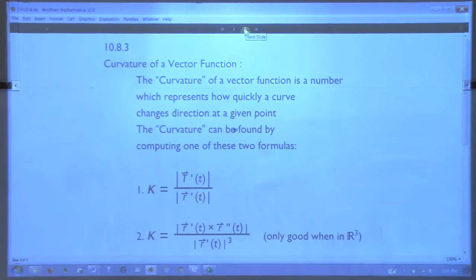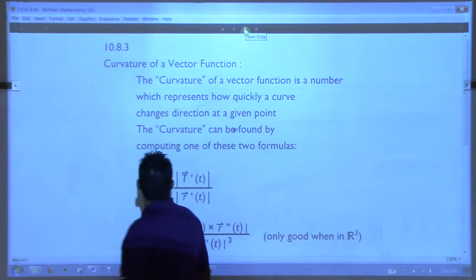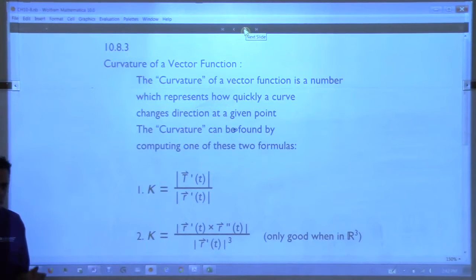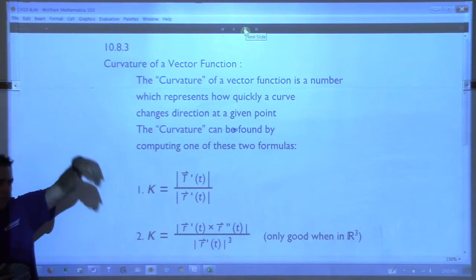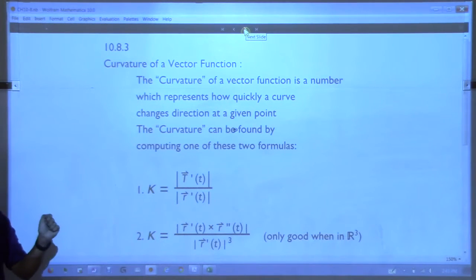The curvature of a vector function is a number which represents how quickly the curve changes direction at a given point. If you're moving along this path, weaving along, at any point you calculate the curvature, and it quantifies how sharply you're turning or how quickly you're changing direction.